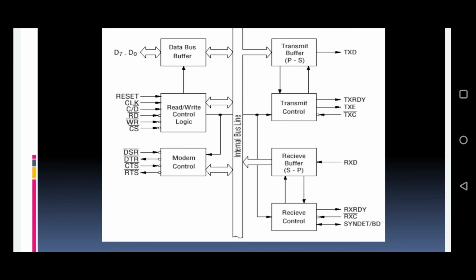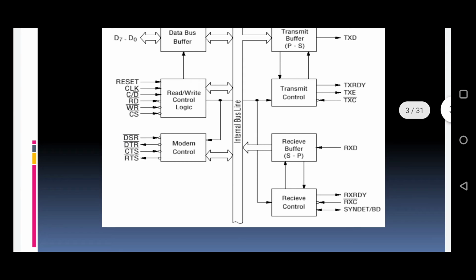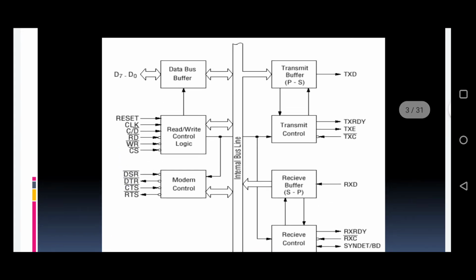The receive buffer does the serial to parallel conversion, and finally receive control. These are the blocks present in the 8251A. Both 8251 and 8251A are the same.